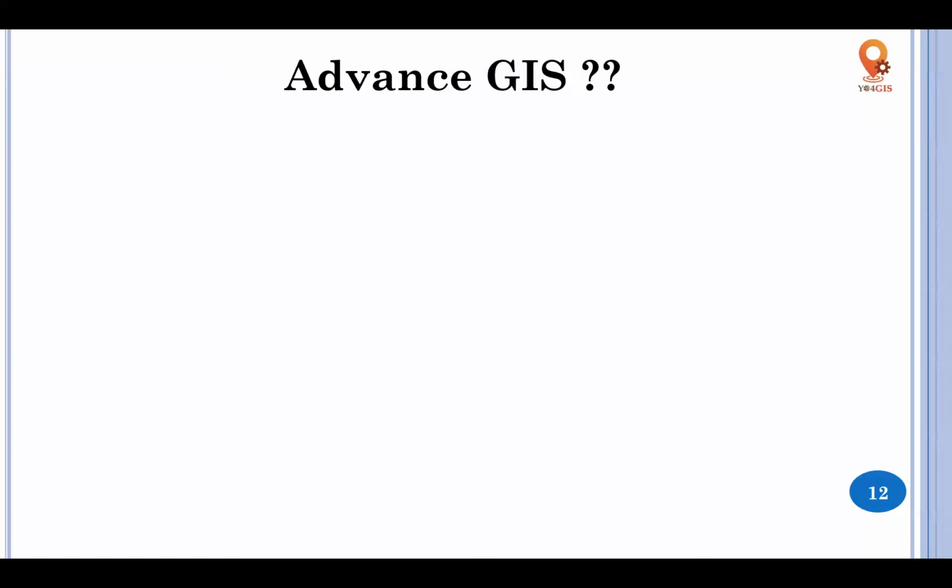This is good for us because we are from GIS, and previously the scope was less. But now, because all companies are working in GIS, we have n number of jobs.